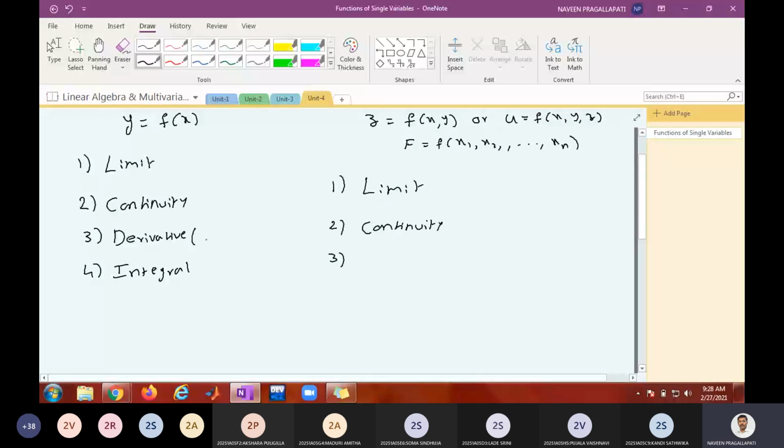Ordinary derivative. In functions of several variables you are going to see partial derivative, and this is a single integral, right? And here you are going to see multiple integrals.